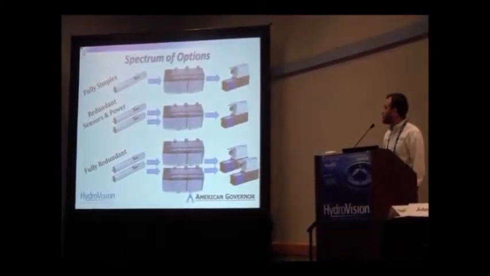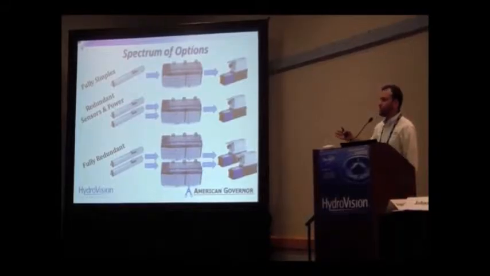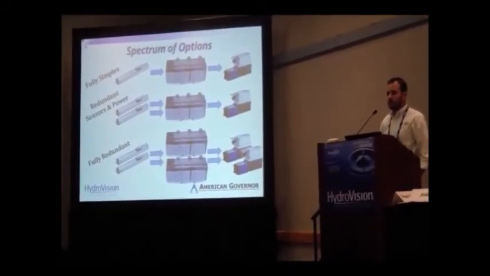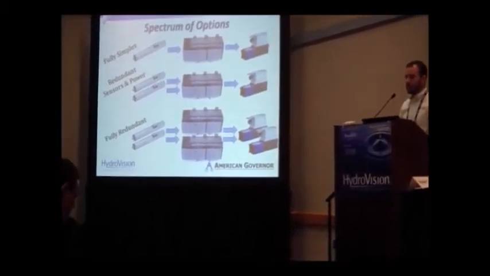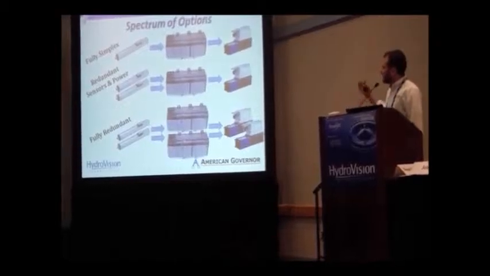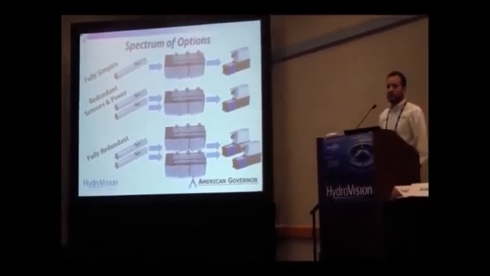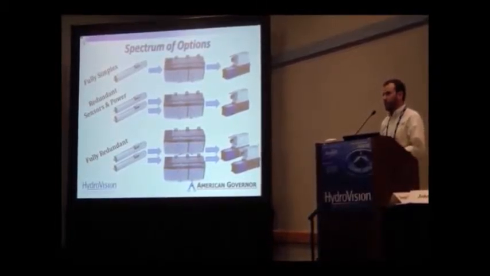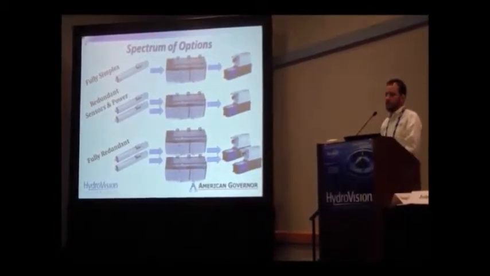And we're going to look at several different options for installing control systems, ranging from a fully simplex system where you have single inputs, single power sources, going into a single controller, driving a single set of outputs. A little more complex, maybe you have redundant sensors, redundant power supplies, redundant power sources, all still going into a single controller which has a single set of outputs.